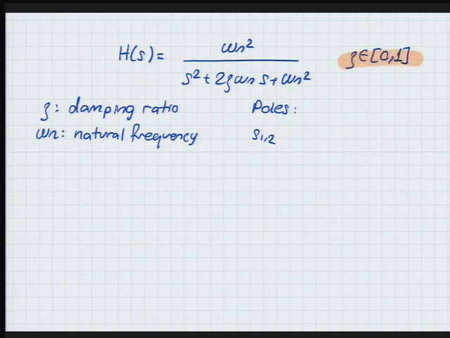Okay, so the poles then are at these 2 values: minus omega n cosine theta, plus or minus j omega n sine theta. We defined theta last time, and I'll tell you again. Theta is an angle such that cosine theta is equal to zeta.